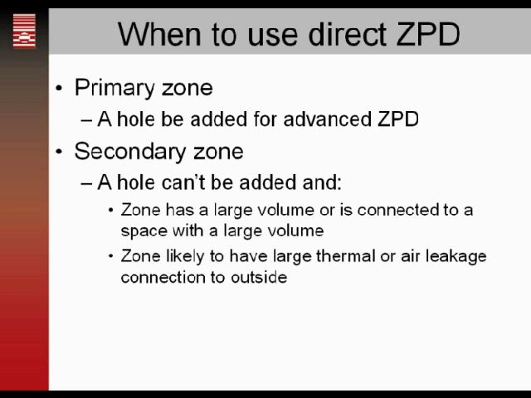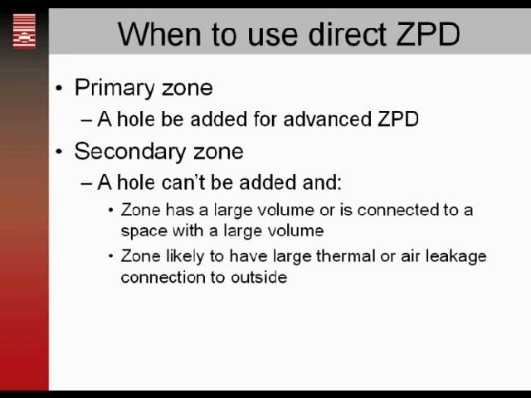And by direct, again, I mean simply taking a pressure measurement in that zone to determine if it's more indoors or more outdoors. So these are the zones where it makes sense to take those direct measurements.